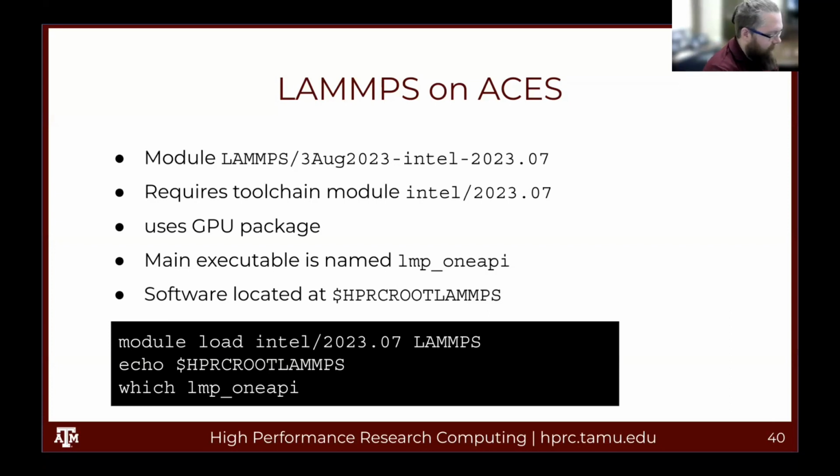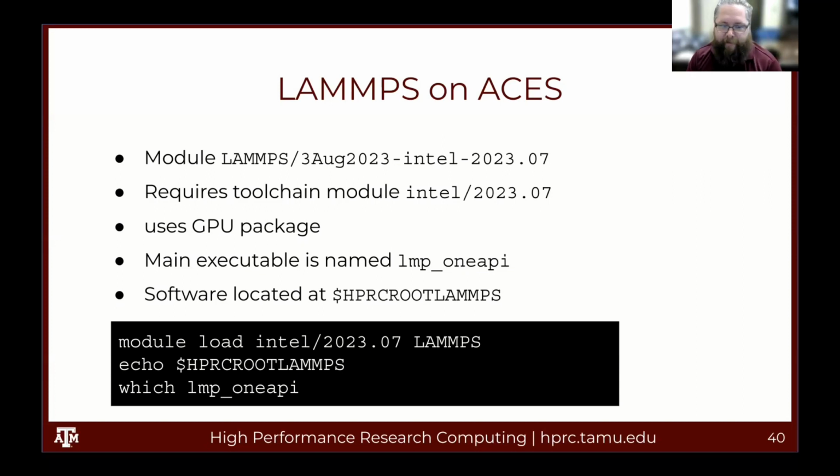However, because there are only a few things available on ACES that are specific to this toolchain, it's actually good enough to just say module load intel/2023.07 lammps, and there's only one reasonable option that the module system can consider, so it picks the right one. It saves you a few keystrokes.